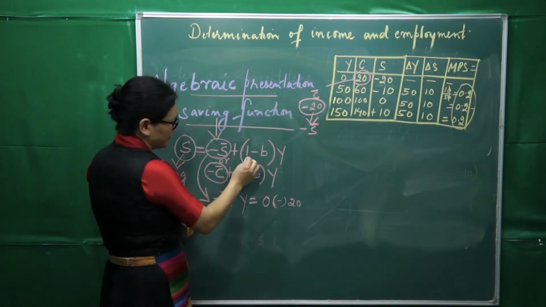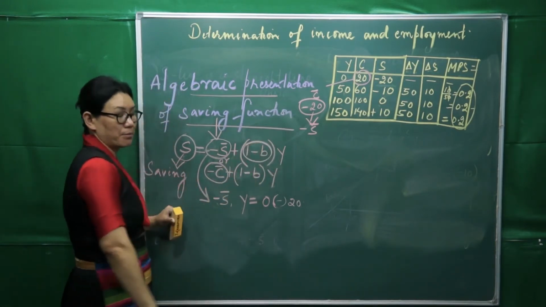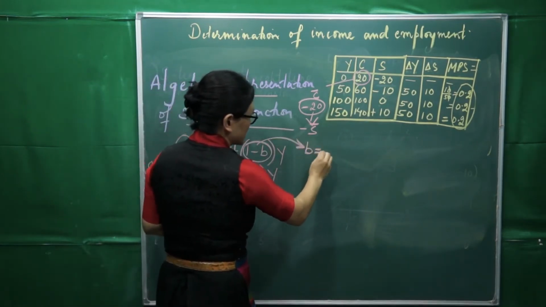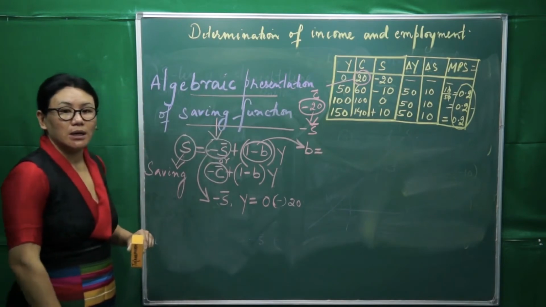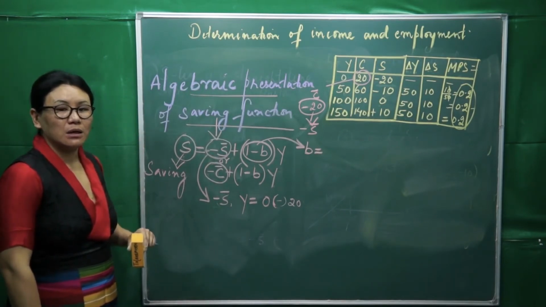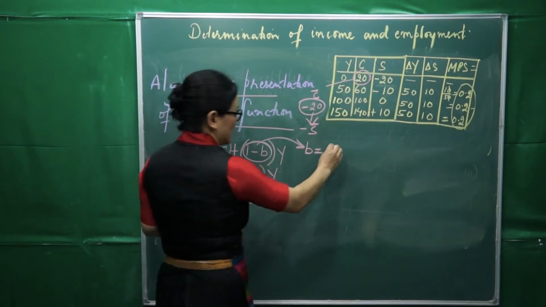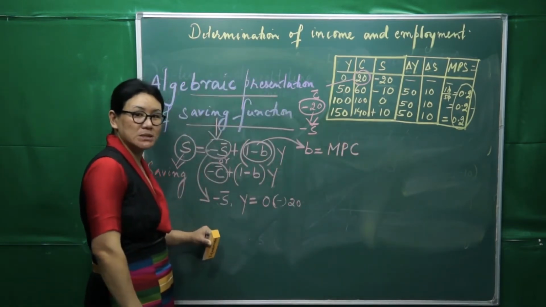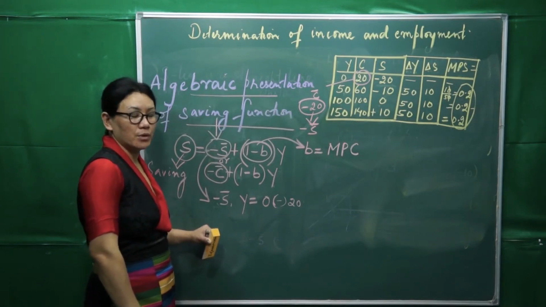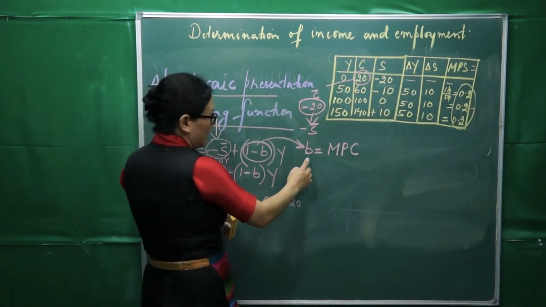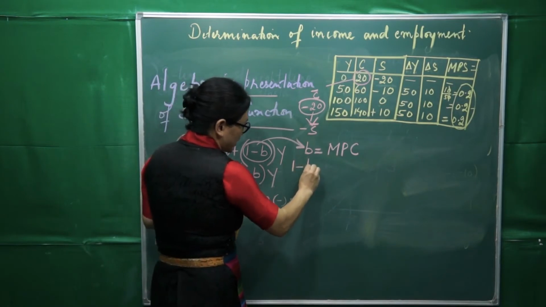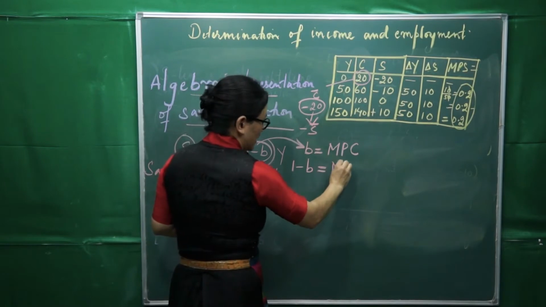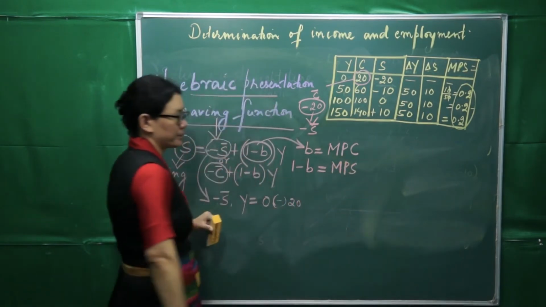Plus, now what is this? 1 minus b here. Remember, b in the consumption function is MPC, marginal propensity to consume. Now, 1 minus b is equal to MPS.